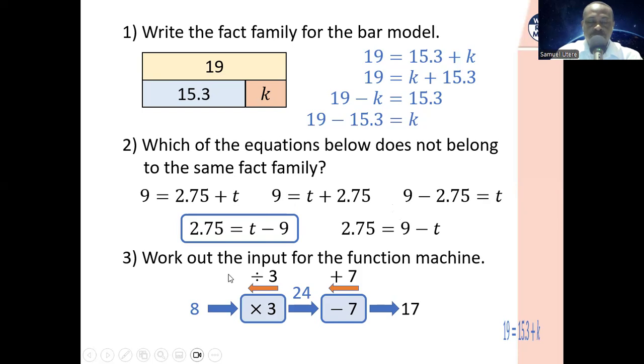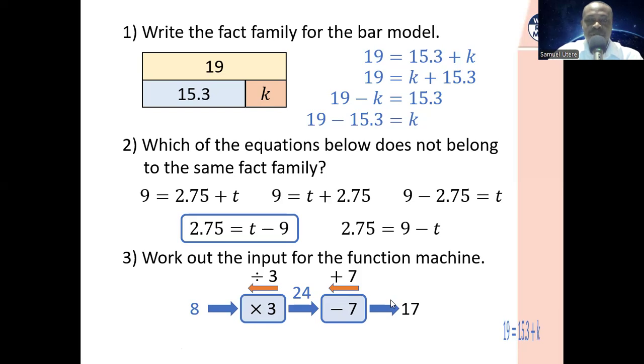And then question 3, you're told to work out the input for the function machine. In earlier lessons, we learned that if we have the output and we know the operations in the function machine, we can do inverse operations. Inverse operations in everyday language, you say the opposite, but don't use the word opposite. The correct way to say it is inverse.